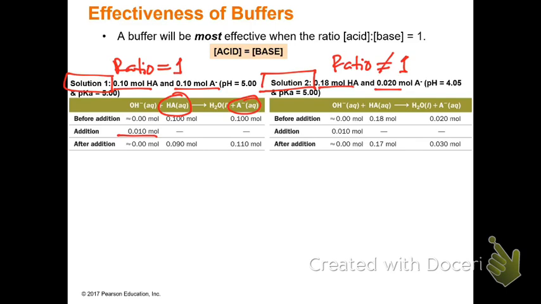So subtracting 0.01 from 0.1 gives us 0.09, and adding 0.01 to 0.1 gives us 0.110 mole of the conjugate base.